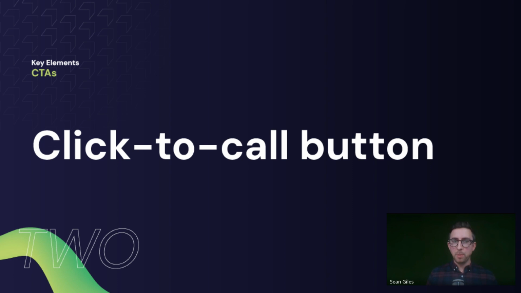Using click-to-call buttons as well. People might be accessing this on mobile, or on desktop too, but less frequently. You can track the phone calls of people coming through. They might not want to fill out the form; they might just want to ring you directly and understand about the offer or service, so it can be important to focus on that.